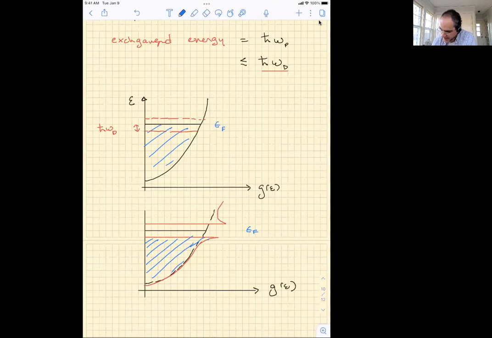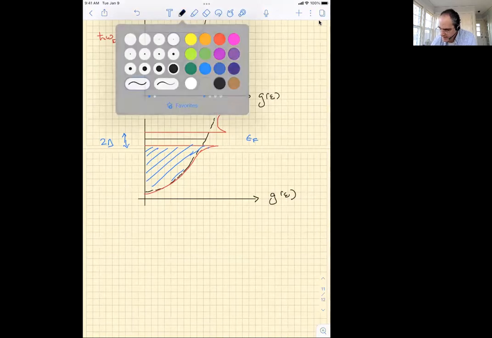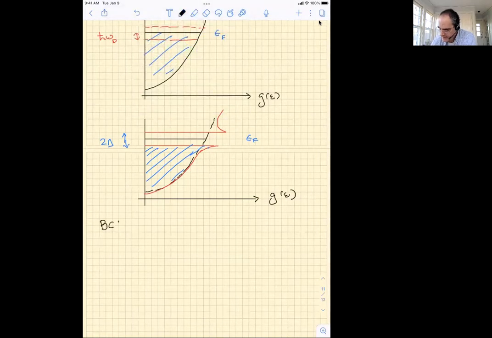And the size of the gap, delta, is related to the strength of the pairing interaction. In particular, BCS theory says that the size of the energy gap is proportional to h bar omega D, okay? The energy of the most energetic boson.